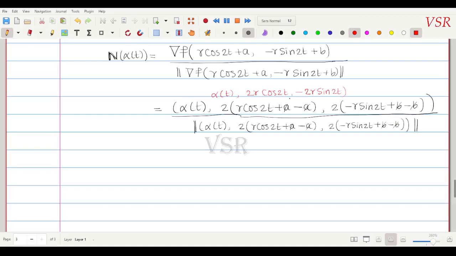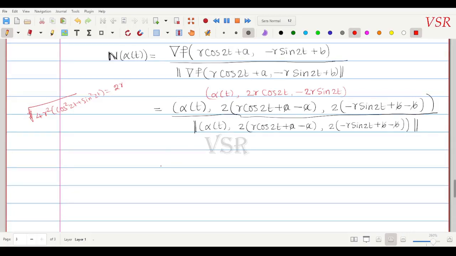That's all. So the norm of this is the square root of its square. So 4r square cos square 2t plus sin square 2t will come, that is cos square 2t plus sin square 2t. Okay, so that is equal to root, so we will have this equal to 2 times r. So the denominator is 2r. I said it straight without calculating separately.